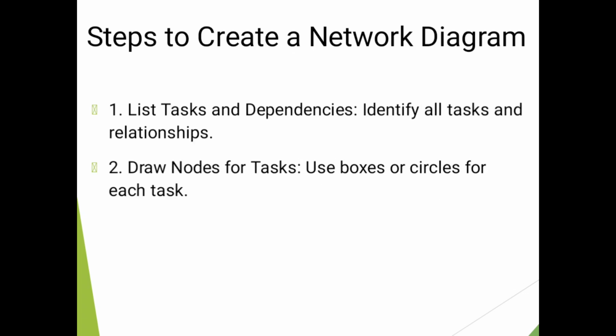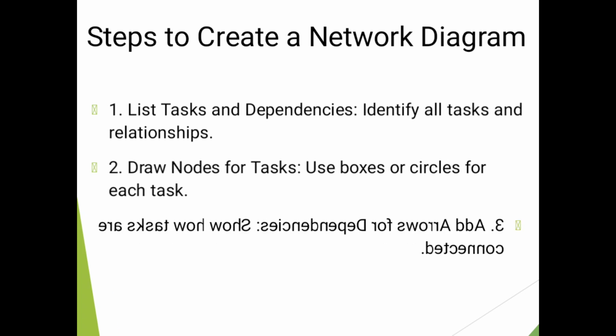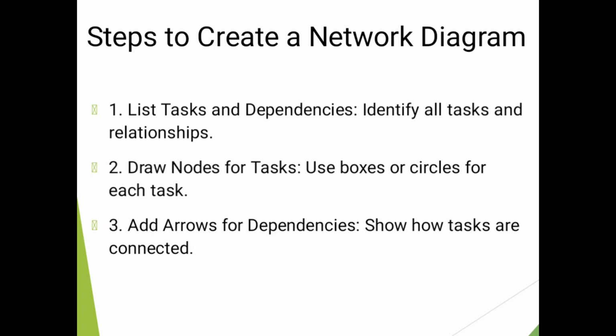Let's talk about steps for creating network diagrams. Number one, you need to list dependencies. On that one, you need to understand the tasks and how those tasks depend on each other. From there, you need to use circles and boxes to list the different tasks.